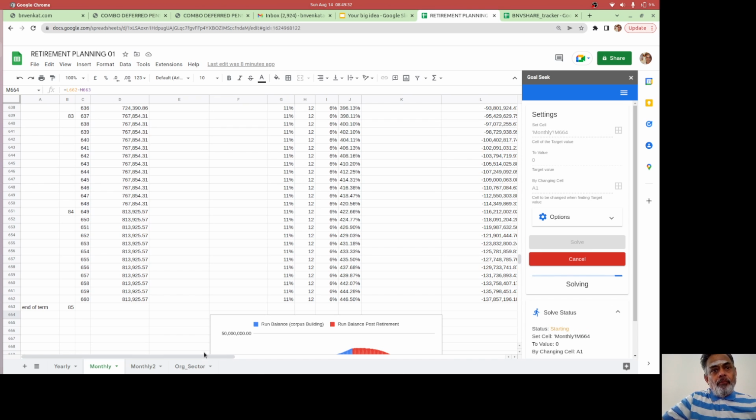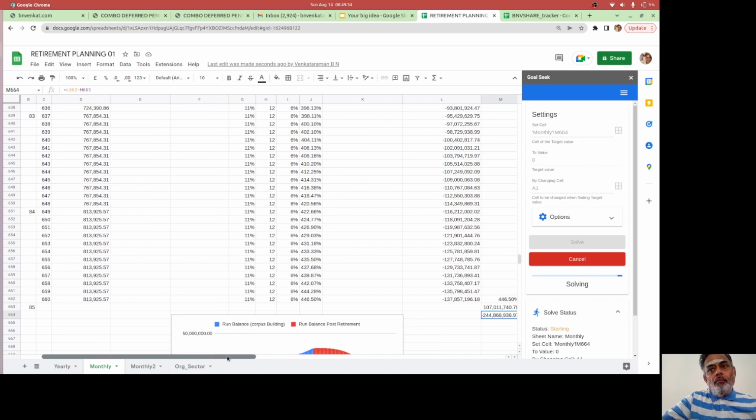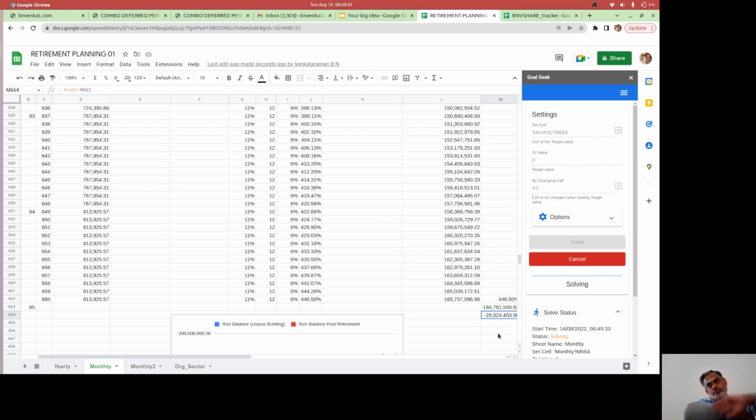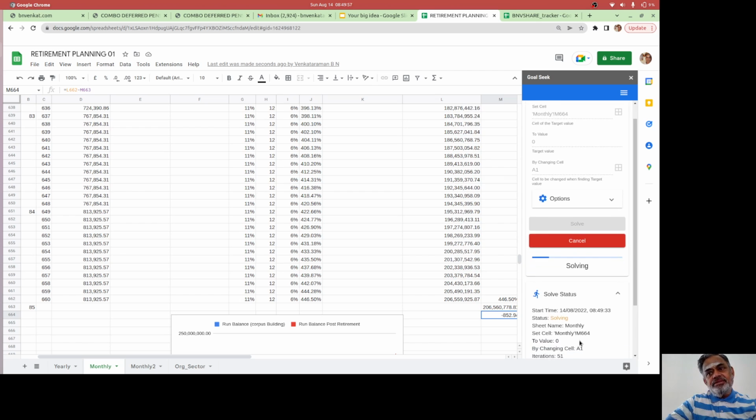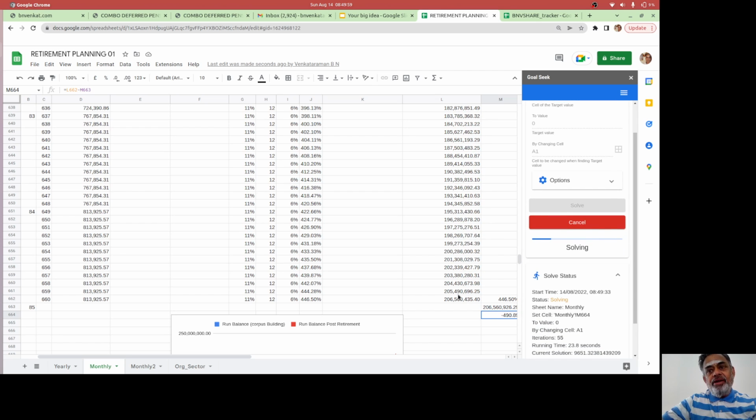It is calculating. It's still working. The iteration number is 55.